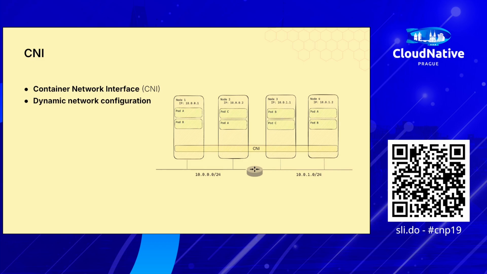What is the problem space to cover here? So first is the dynamic network configuration, which means in Kubernetes we have our workloads, our pods, which have a really dynamic nature.